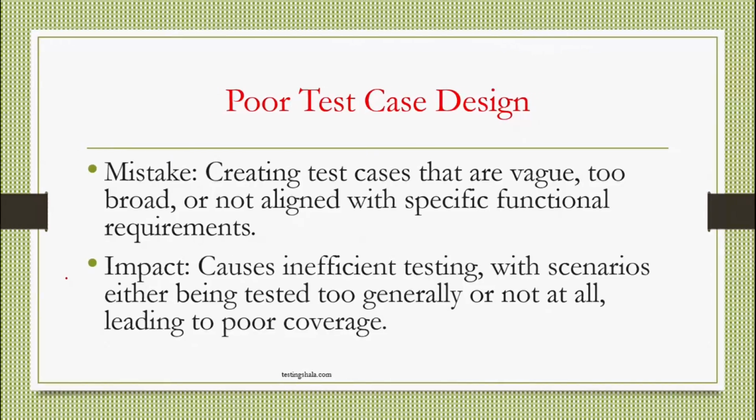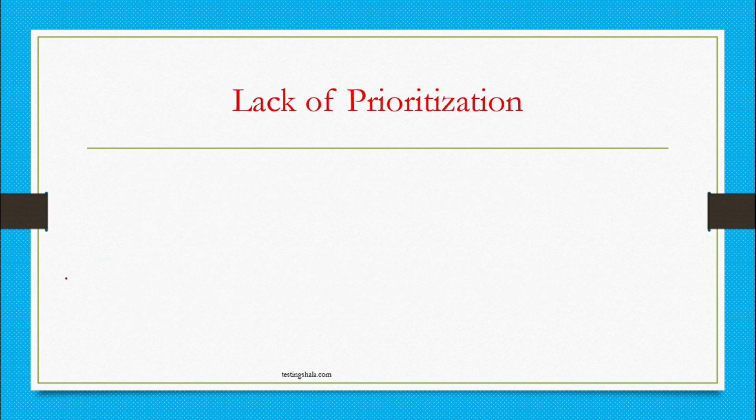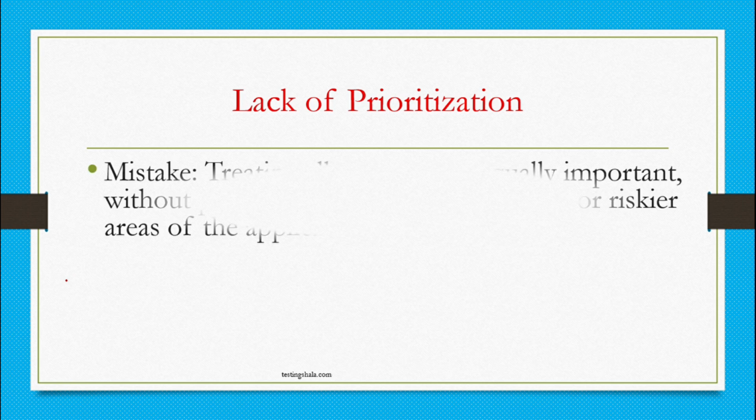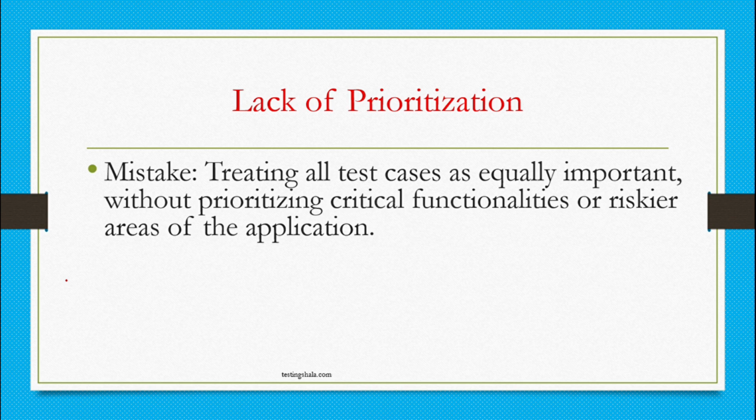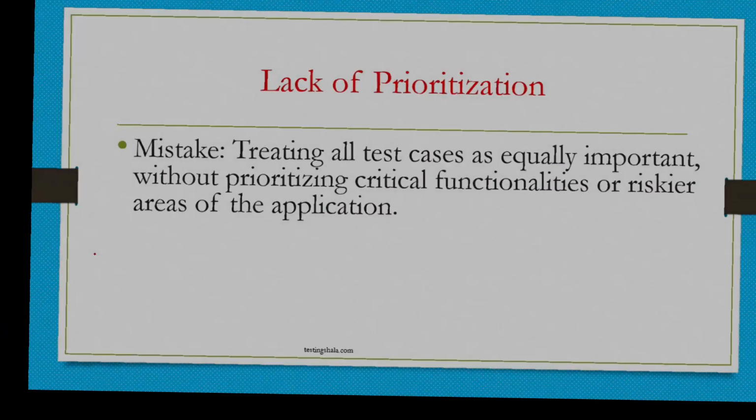And the next one is lack of prioritization. Prioritization should be very thoroughly planned. If you do not prioritize while testing the application as part of functional testing, and you try to test everything without giving any priority, that is a very risky business, because with the available resources, prioritization is a must.